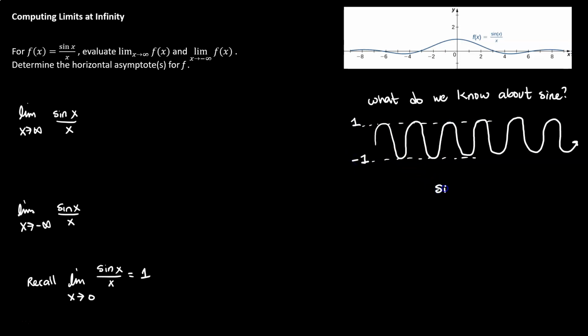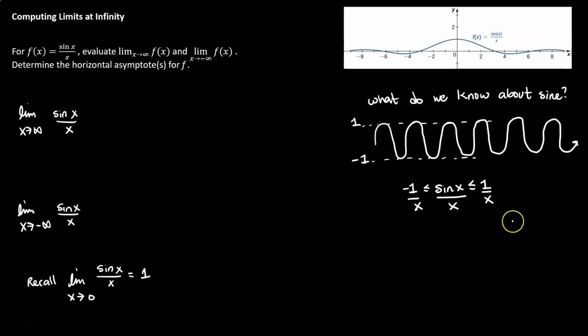So we know that sine x is always less than or equal to +1, always greater than or equal to -1. But that's not the function we're working with. We're working with sine x over x. So to make this inequality match, we'll divide each term by x. And now we can see that sine x over x is always between -1 over x and +1 over x.